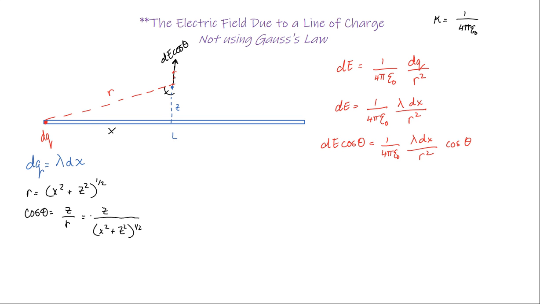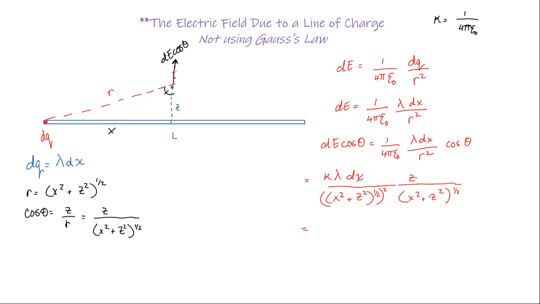Now I'm going to go ahead and substitute these back into this equation, and I'm not going to write the left-hand side anymore, which when I've integrated would just be the total E. So this all equals k times lambda times dx over x squared plus z squared to the 1/2, and all of that is squared, times the cosine theta, which we showed was z over x squared plus z squared to the 1/2.